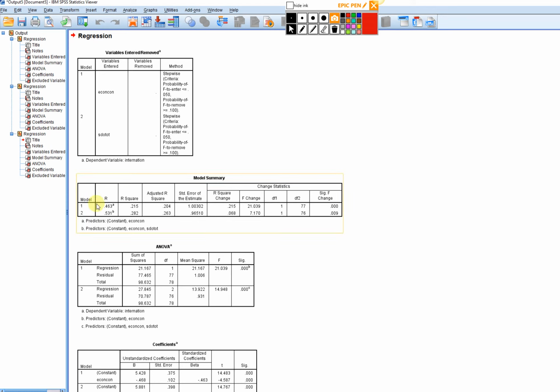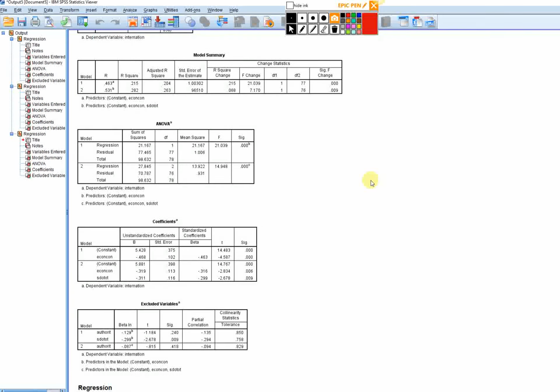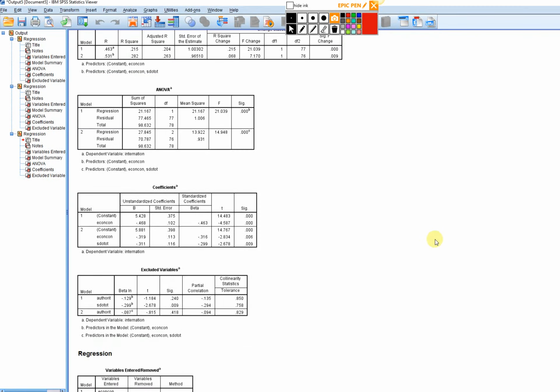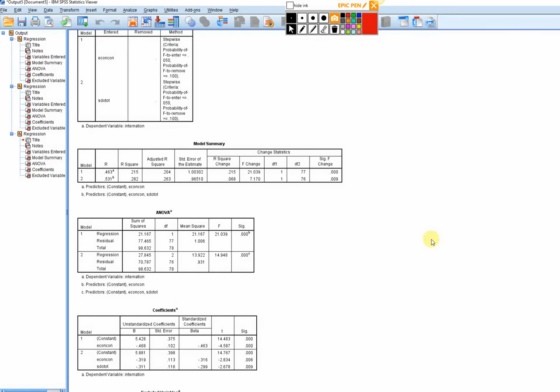In the current case, the stepwise results basically mirrored those we saw previously with our forward regression. Adding in SDO didn't make the economic conservatism predictor non-significant, so it remained in the model. Whereas if it had become non-significant, then perhaps we would have only had SDO in there.